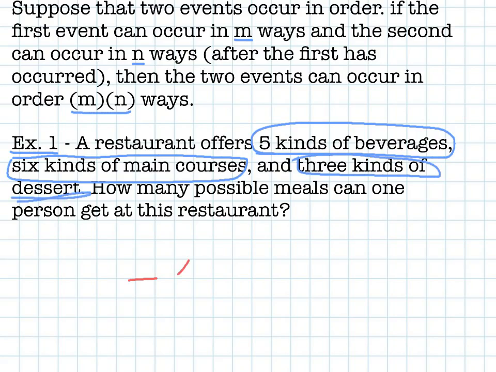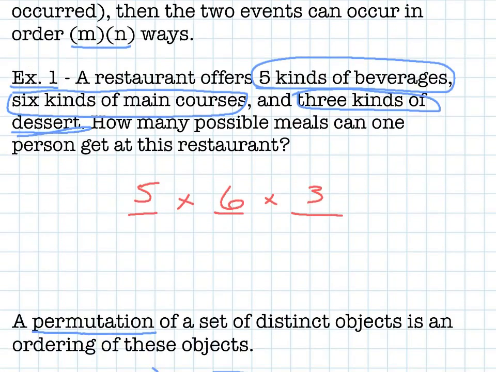They're all separate from one another, so you can just multiply them. So 5 times 6 times 3 would be the proper way of finding this value. 5 times 6 times 3 gets me 90. So there's 90 meals that I could create while being at this restaurant.